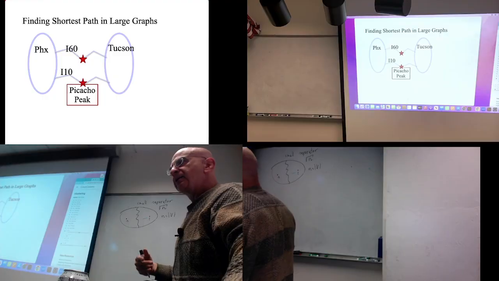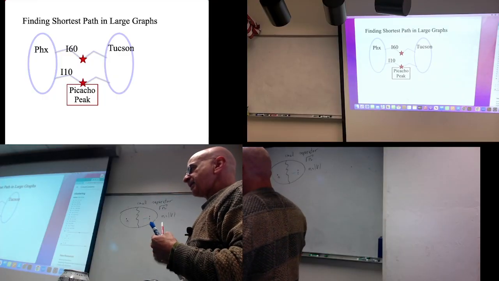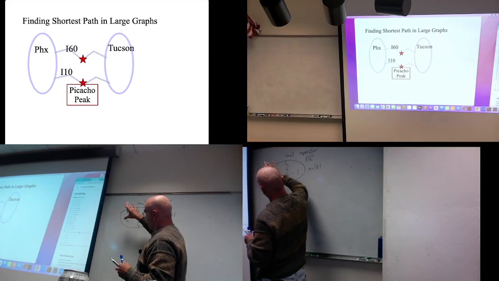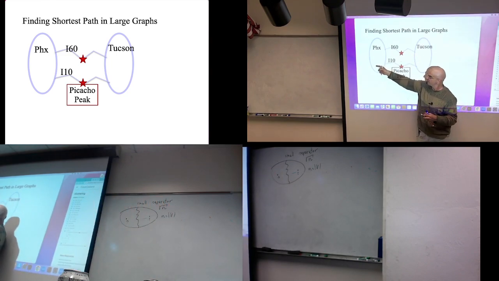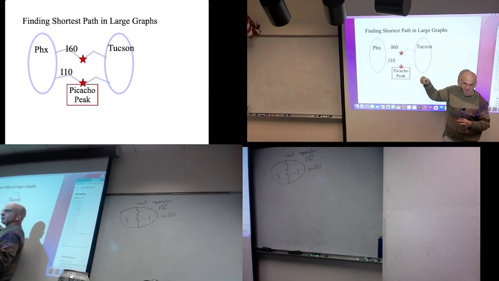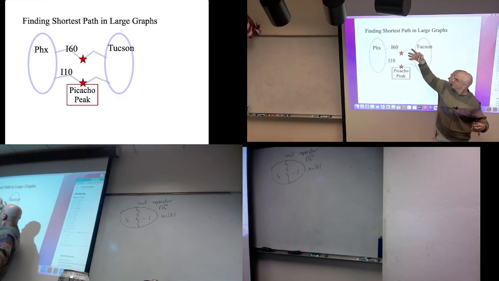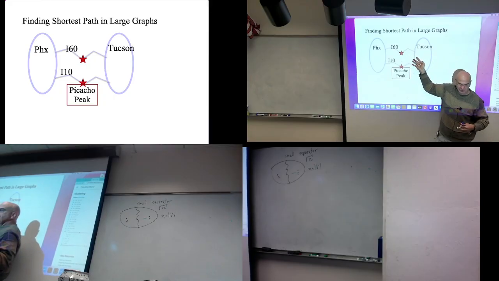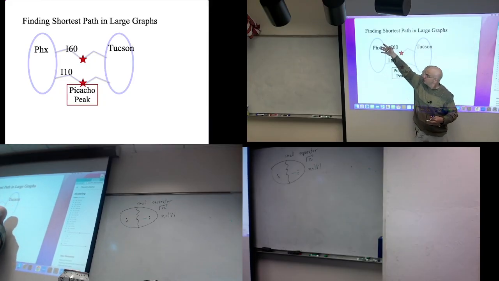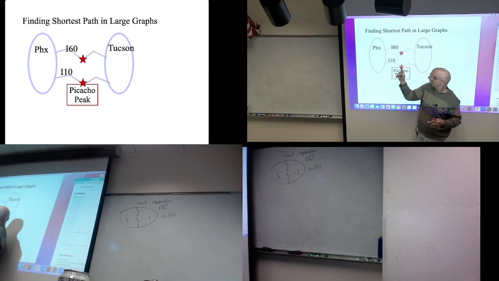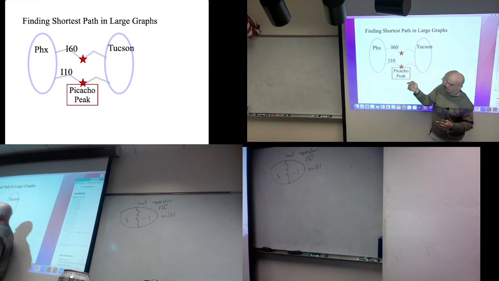Either as a single query or as pre-processing and then a bunch of different queries, instead of computing from every address in Phoenix to every address in Tucson, which will need memory of all addresses of Phoenix times all addresses of Tucson, I can just store two one-dimensional arrays: from every address in Phoenix, what is the distance to Picacho Peak and what is the distance to the city in the middle of I-60. So it's just one path to any one of them with the prices.